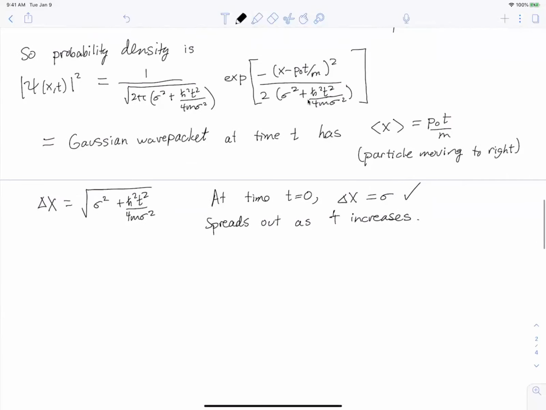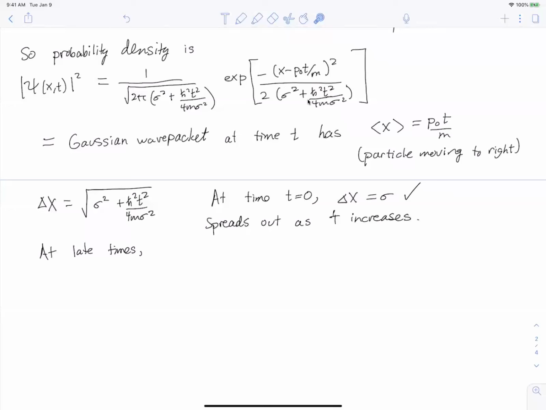And in fact, at late times, it gets very large. Okay, so at late times, I can just ignore the original constant value compared to this thing that's getting very large and just take the square root of it.